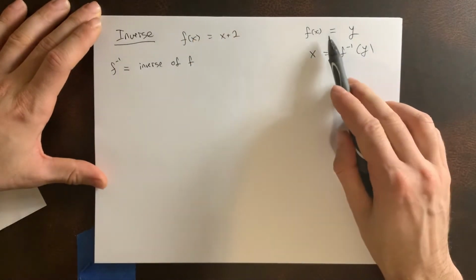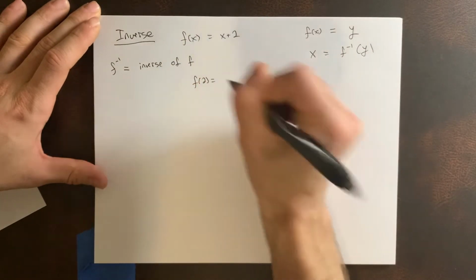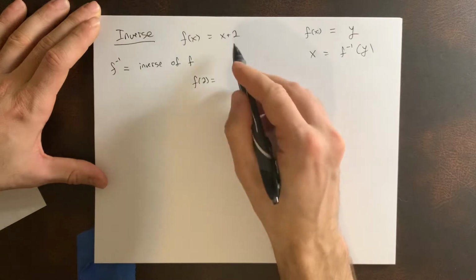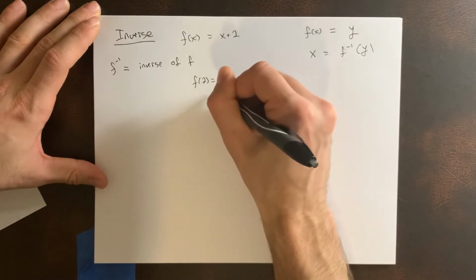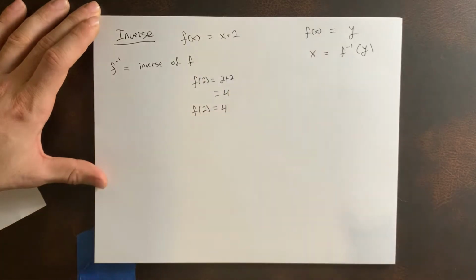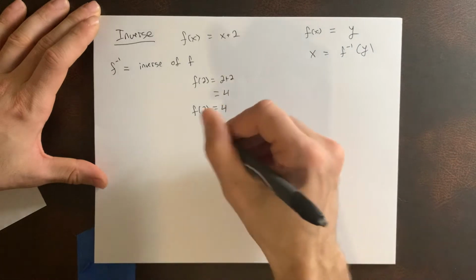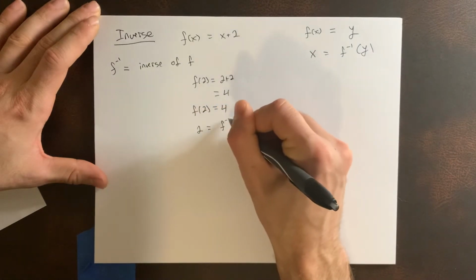Again, say in this example right here, which is a basic one, f of 2 is equal to 2 plus 2, which is equal to 4. So we have that f of 2 is equal to 4. But let's say we knew what the inverse of this one was. This would tell us that 2 is equal to f inverse of 4.